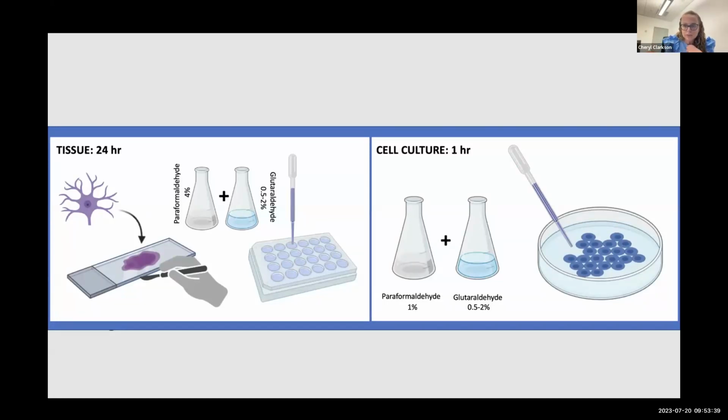So we are not using glutaraldehyde until we finish the light microscopy approach, and you have to be sure about what you acquired for the light microscopy. For tissue, we post-fixate for 24 hours, adding this glutaraldehyde. For the cell culture, we use just 1 hour and a little bit less PFA, but a similar amount of glutaraldehyde.